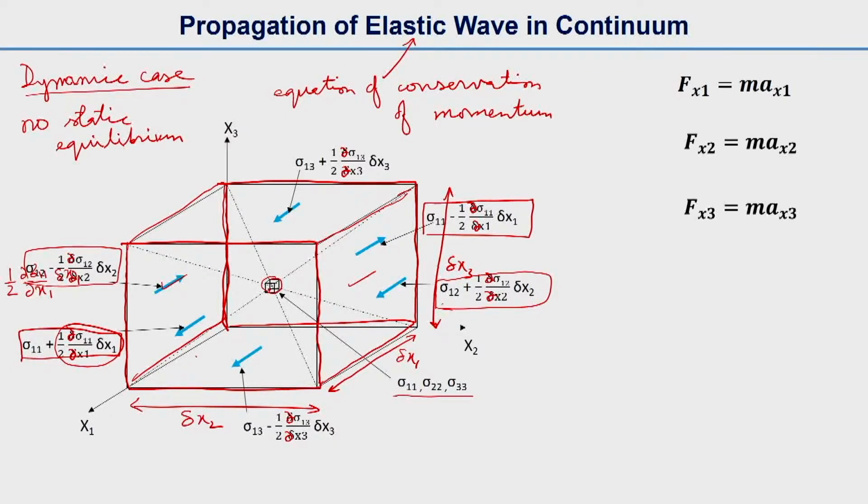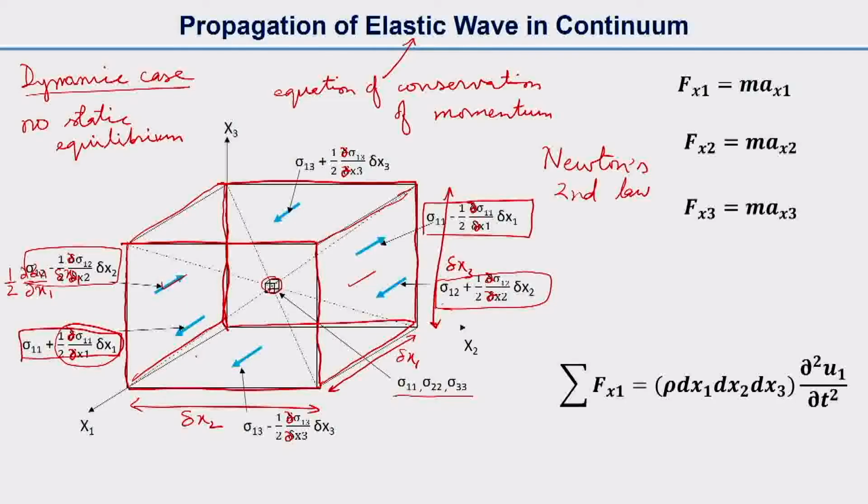So if we have Newton's second law, the force in three different coordinate axis directions is equal to mass times acceleration in that direction. We can take one direction, let's say the x1 direction only, this direction in the figure.